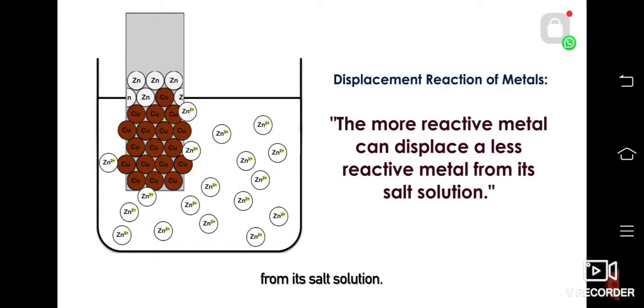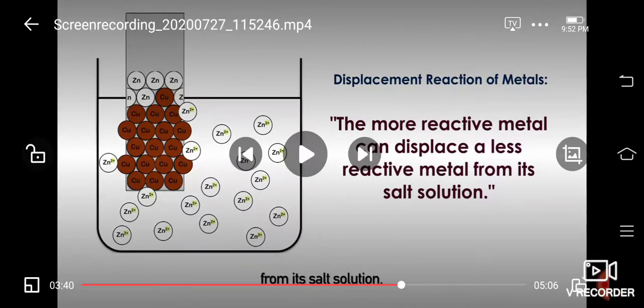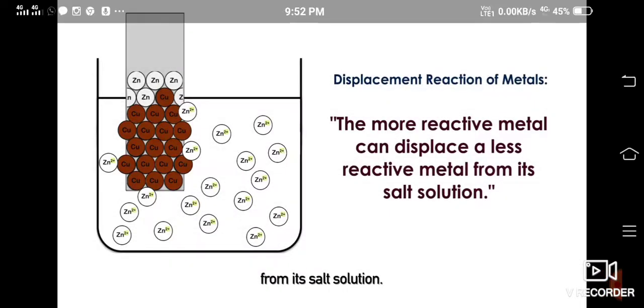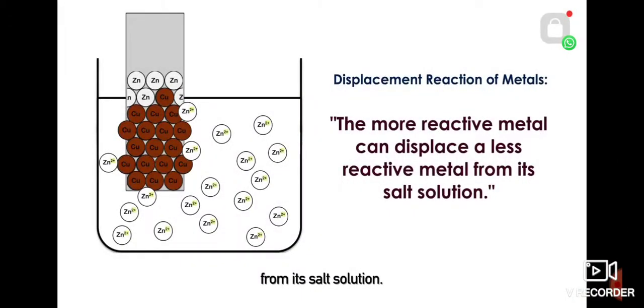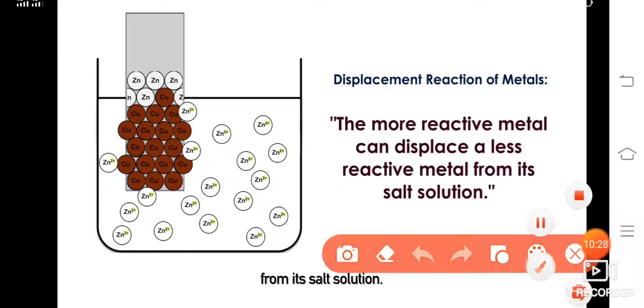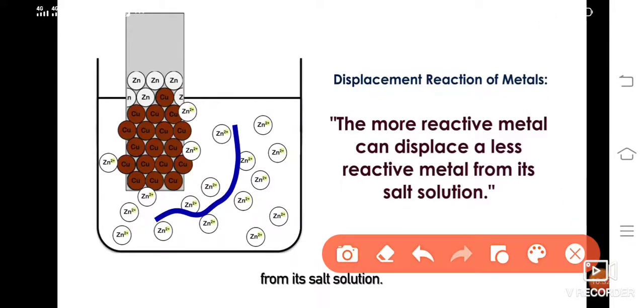Now see, here, this was blue in color, right? And this was zinc metal.